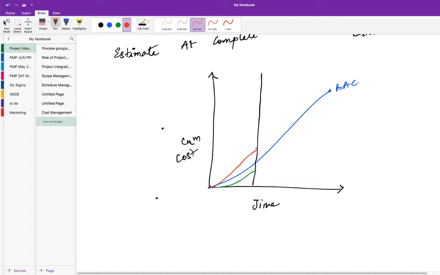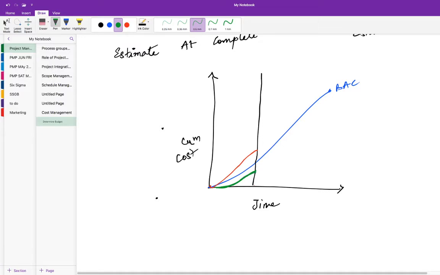So if your project is performing in this way, how much would it take for you to complete the rest of the work? This is your status date. On this date you have completed this much work. Your earned value tells you how much work you have accomplished.